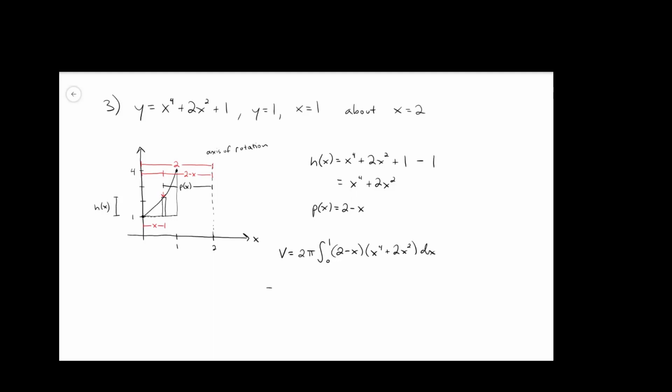Okay, so let's simplify that. We get 2 pi times, let's do this in decreasing order of power, minus x to the fifth, and then we'll have plus 2x to the fourth. And then we'll have what else? 4x squared.